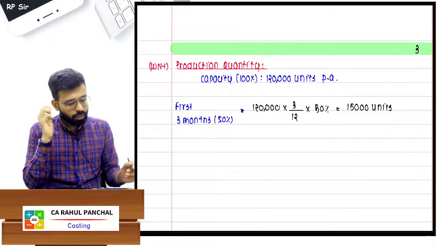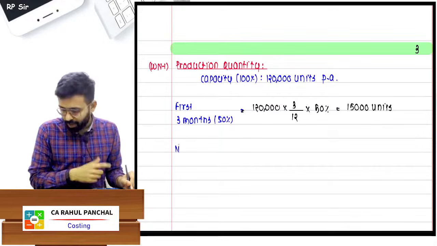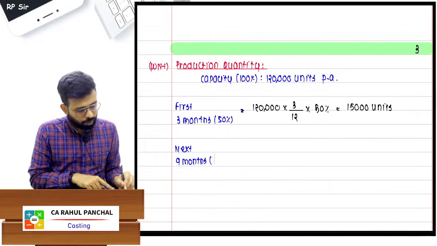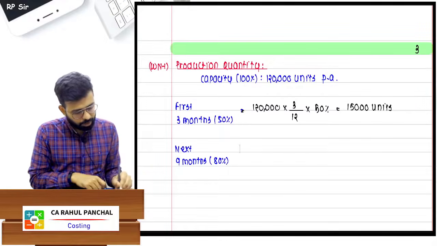The same concept can be applied for the next 9 months. In the next 9 months you are going to work at 80% capacity.